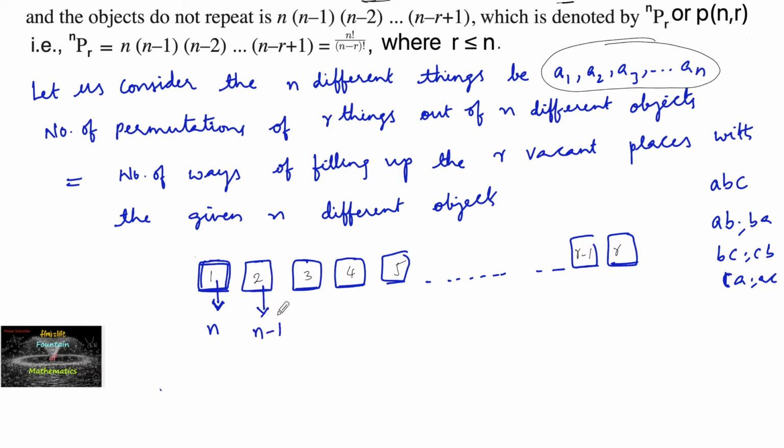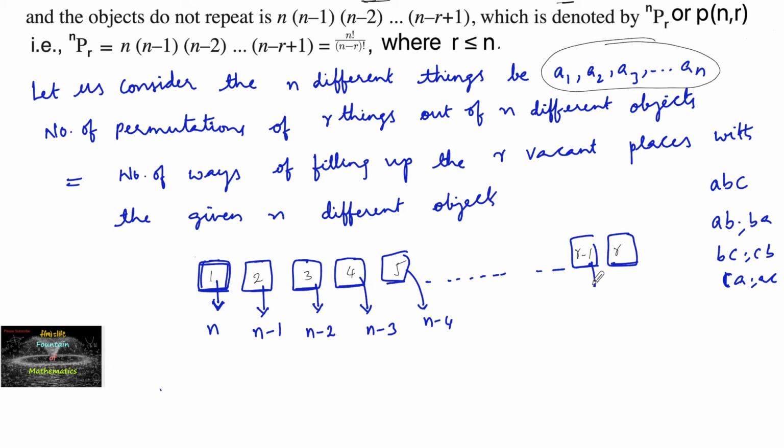Then the second box will have n minus 1 chances, and so on. If two objects are taken out, then the third box will have n minus 2 possible ways, the fourth one will have n minus 3, and the fifth one will have n minus 4, and so on.